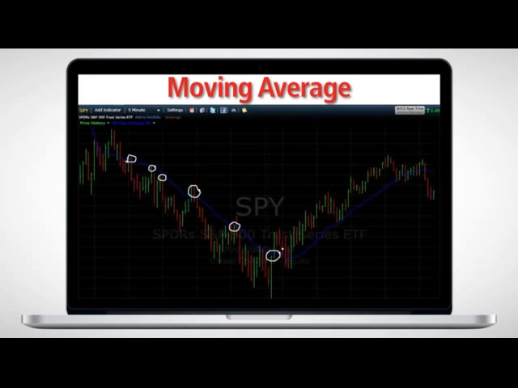Now, often when a trend looks like it's about to reverse, you want to look for that moving average to turn around and that slope to turn from negative or downward sloping to positive or upward sloping. And that happens right here. With the asset bouncing off of that support level, you see that now the moving average starts sloping higher.